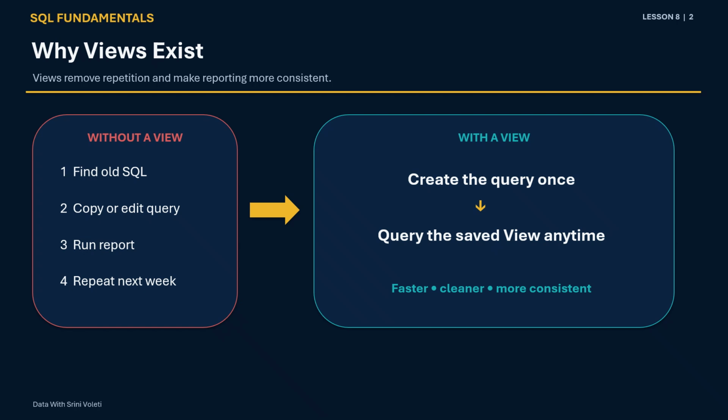Actual security still depends on SQL Server permissions and the database design, but the view can be part of that access strategy. So views exist for at least four major reasons. First, reuse. Next, consistency, abstraction, and controlled presentation of the data. That is a much bigger idea than merely not wanting to type the query again.